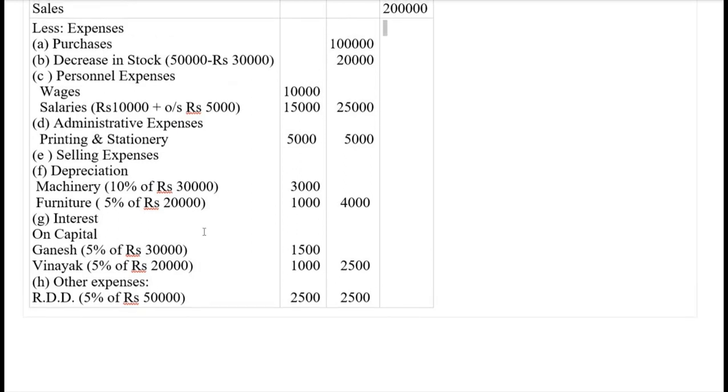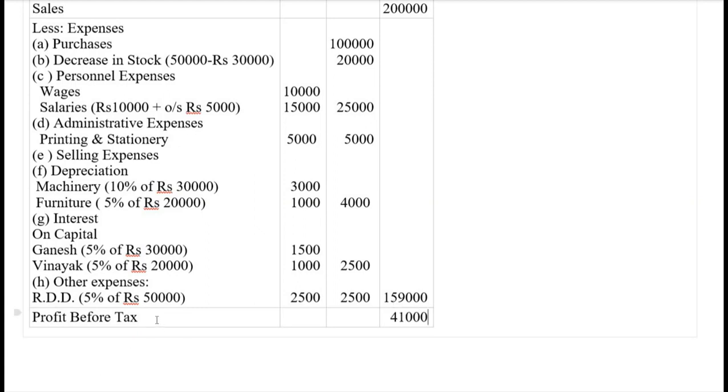Now we should take the sum of all this, that is 1 lakh 20,000, 25,000, 5,000, 4,000, 2,500 and 2,500. That comes to rupees 1,59,000 here. The difference we are going to get here, profit before tax, comes to rupees 41,000.